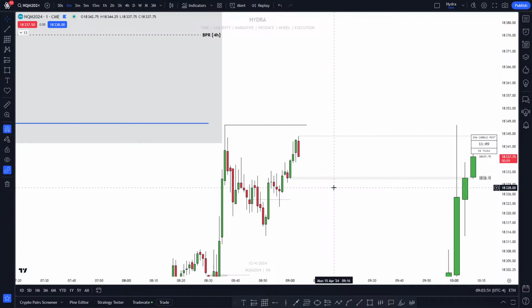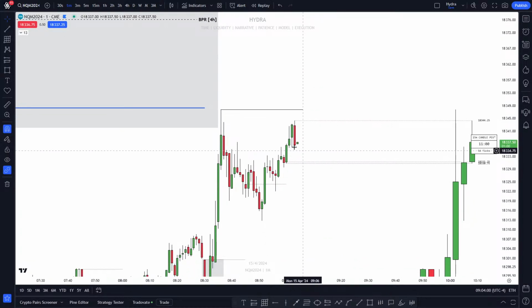Yes, basically that's what I'm watching, the classic hourly CB and BPR with key level at consequent encroachment of hourly. We'll also be looking for a SMT up here. So it's still not visible.